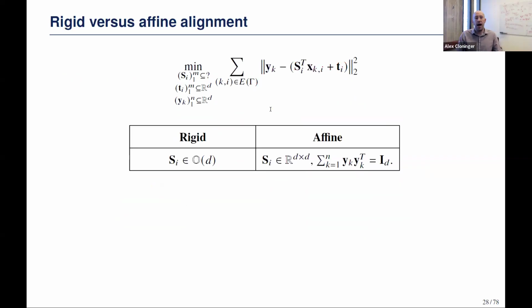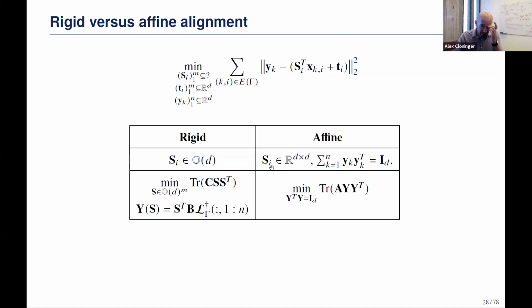So how do we choose the space of things we're allowed to do to local views? Well, you could do affine, which is you're looking for local coordinates, the y_k's, that are orthogonal to each other. This characterizes a lot of our eigenmap methods, but it turns out it doesn't give you the thing that you want. I want to look at rigid: things that are allowed to act with some arbitrary orthogonal transformation on each local view.